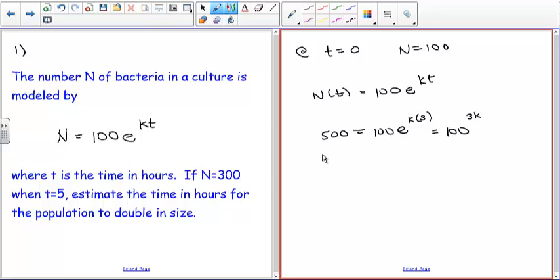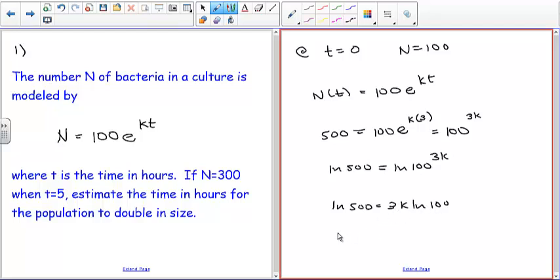So we take the natural log of 500, and that's equal to the natural log of 100 to the 3k. The properties of logarithms say that you can bring that exponent, which is 3k, outside. So we have 3 times k times the natural log of 100.